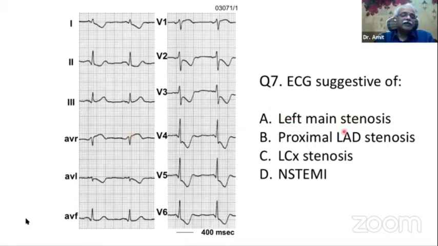So a left main stenosis is what is going to give you a picture which might fool you as NSTEMI, because if you don't look at V1 and aVR, you will think that this is an NSTEMI. But look at V1 and aVR showing ST elevation, all other leads showing an ST depression, and you will rightly diagnose this as a left main stenosis.